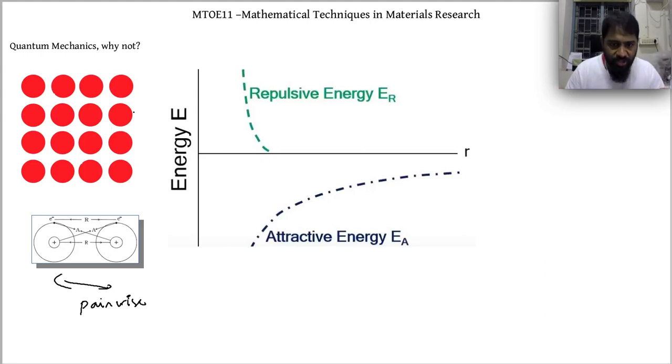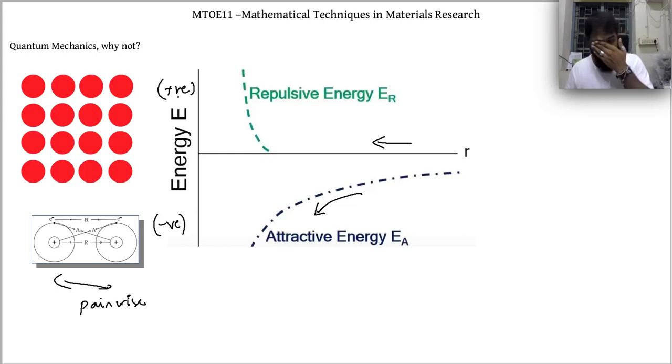So when I change the distance between the atoms, which is essentially the only thing I could change because I'm just considering two atoms, I see that as I bring my atoms closer together, where R is the distance between my atoms, the attractive force keeps on increasing. Of course, since it is attractive, we use a negative energy by convention, and the repulsive is given a positive energy by convention.